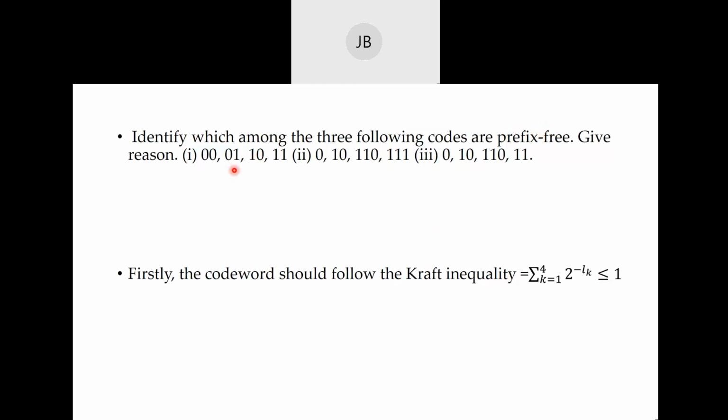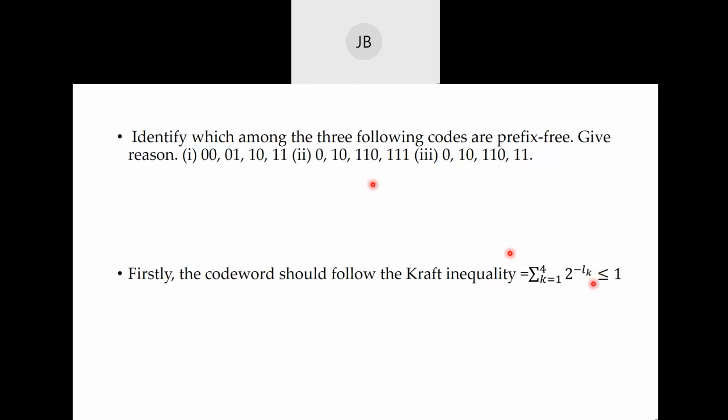The other way of finding a prefix free code is comparing every code word with every other code word, and none of the other code words should start with the code word you consider for comparison. We will try all these methods. This is the general equation, the Kraft inequality, that should be satisfied by all the code words. We have seen the first one.